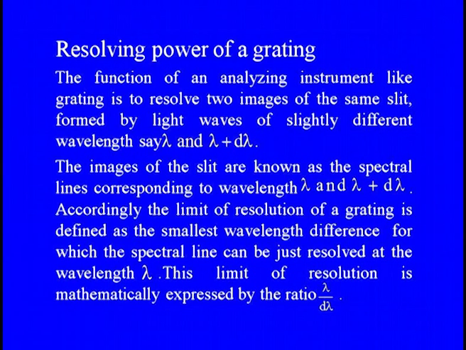Accordingly, the limit of resolution of a grating is defined as the smallest wavelength difference for which the spectral line can be just resolved at the wavelength lambda. This limit of resolution is mathematically expressed by the ratio lambda to d lambda.